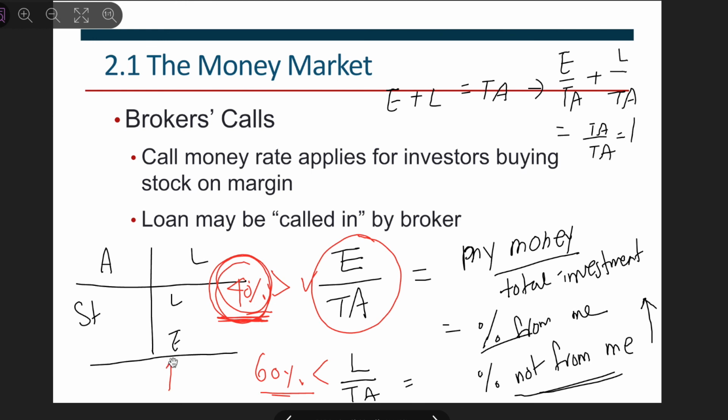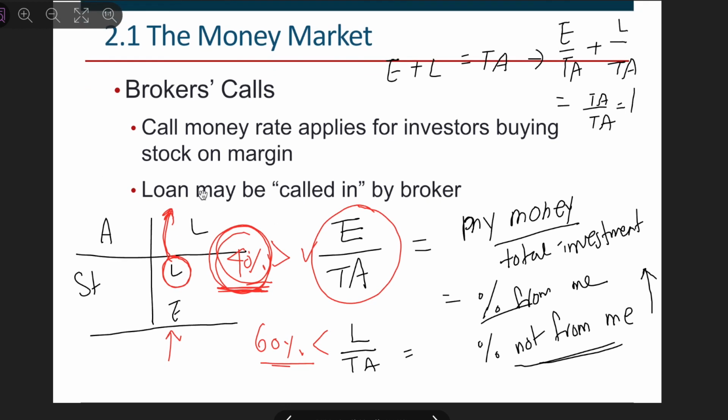Either you put more money into your equity part to increase the equity over total asset, or we want our money out of your brokerage account. So you have to be mindful in using margin. It may give you a better profit, but it may cost you a lot of money.